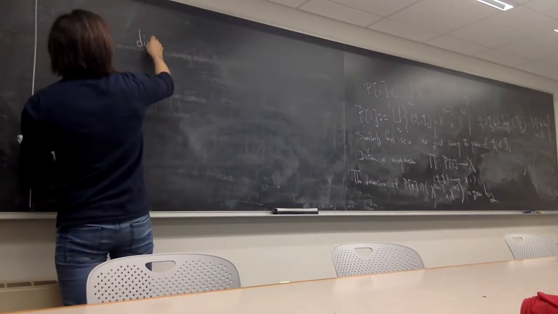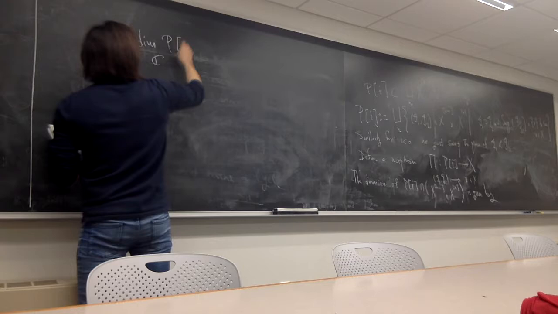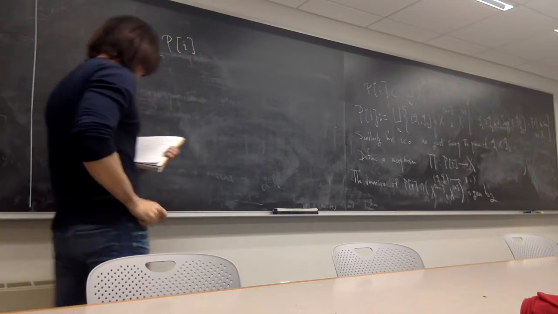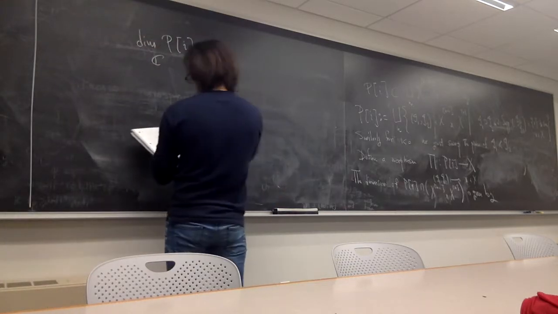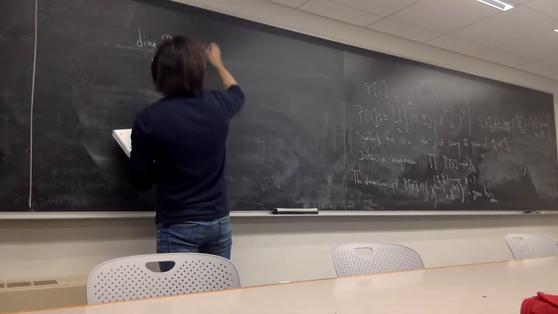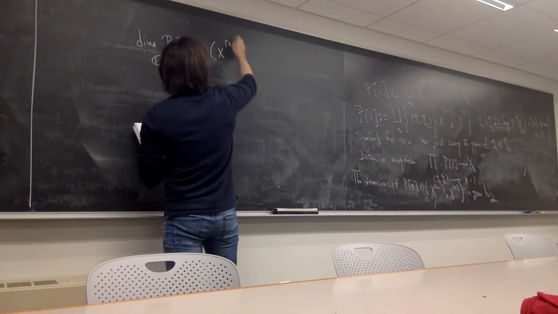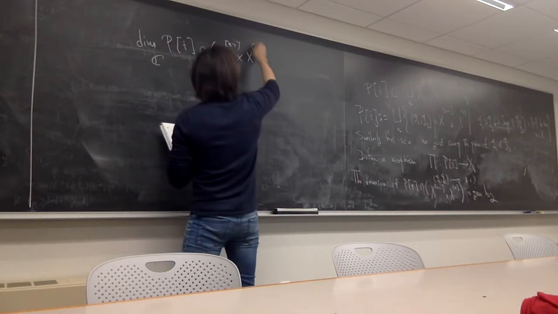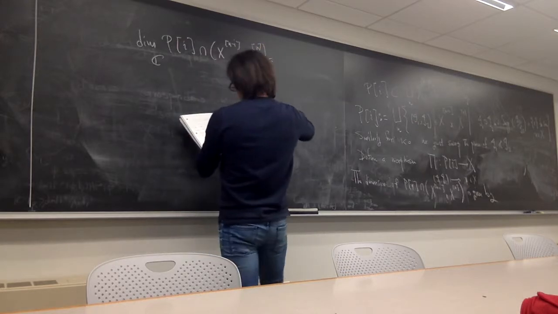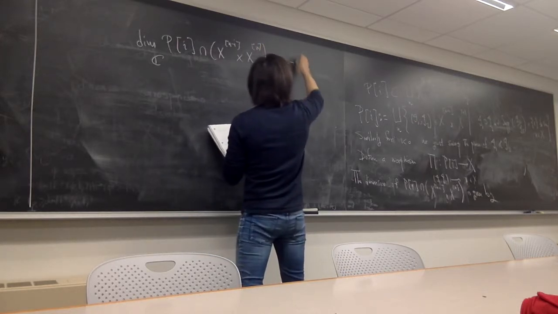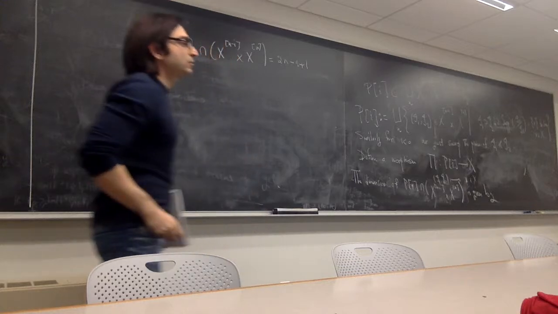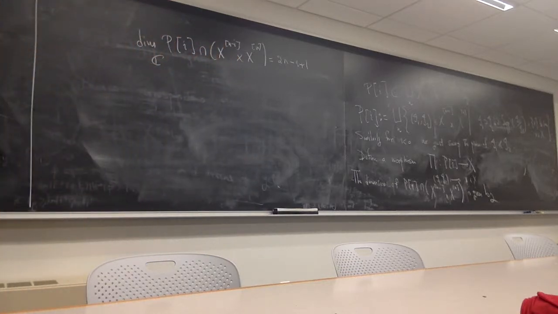The complex dimension of this cycle is equal to 2n minus i plus 1. You can investigate whether this is true or not, but I'm not going to go through it.